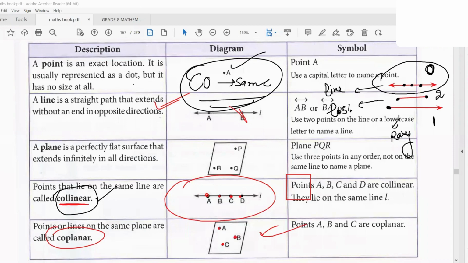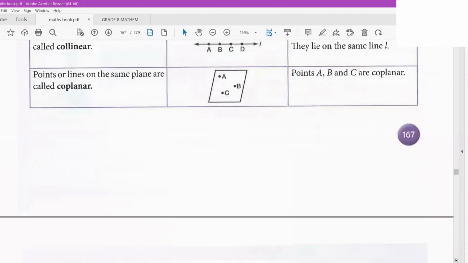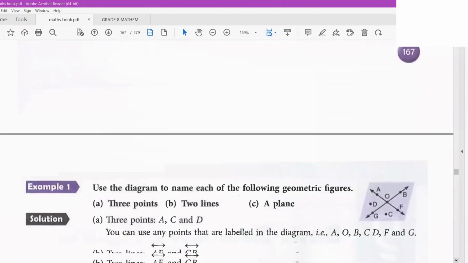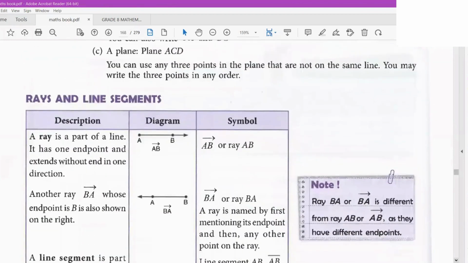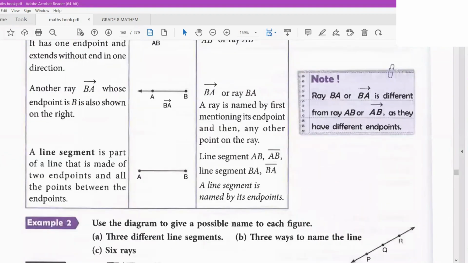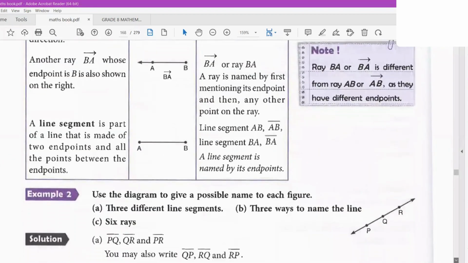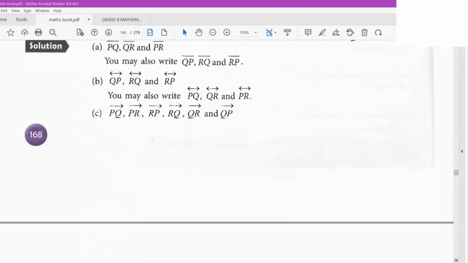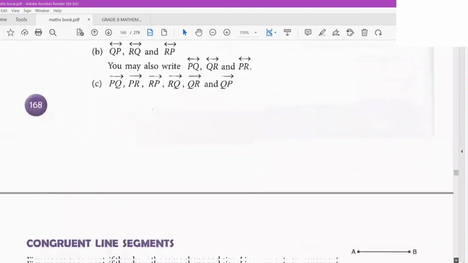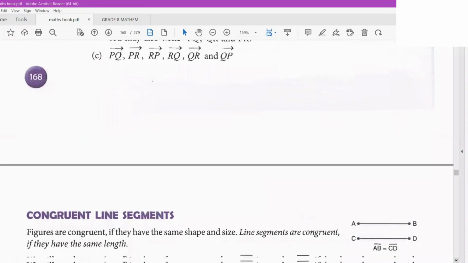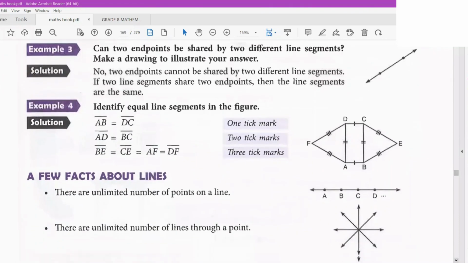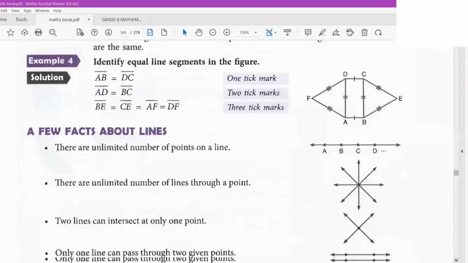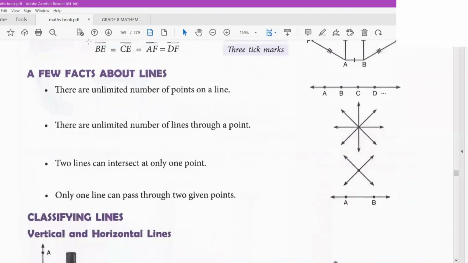All right. We have established that the simplest figure is a point. So what are intersecting lines and parallel lines? Can you tell me the difference? Intersecting lines are the lines which intersect or go through one another at a point, whereas parallel lines are lines which cannot meet.